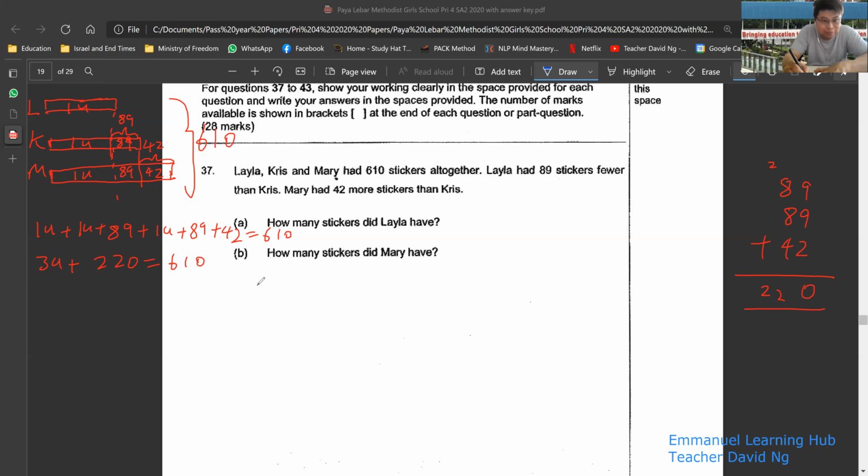Okay, agree? So 3 units, how do you find 3 units? 3 units plus 220 is 610.